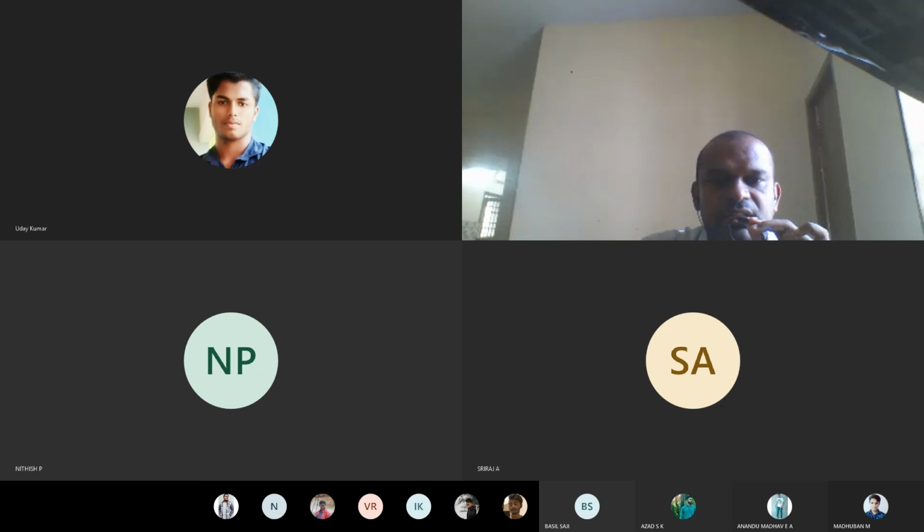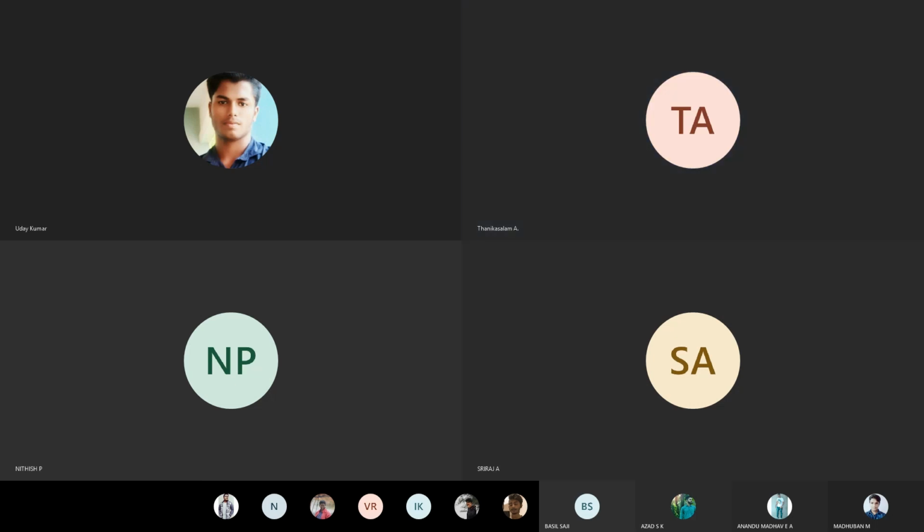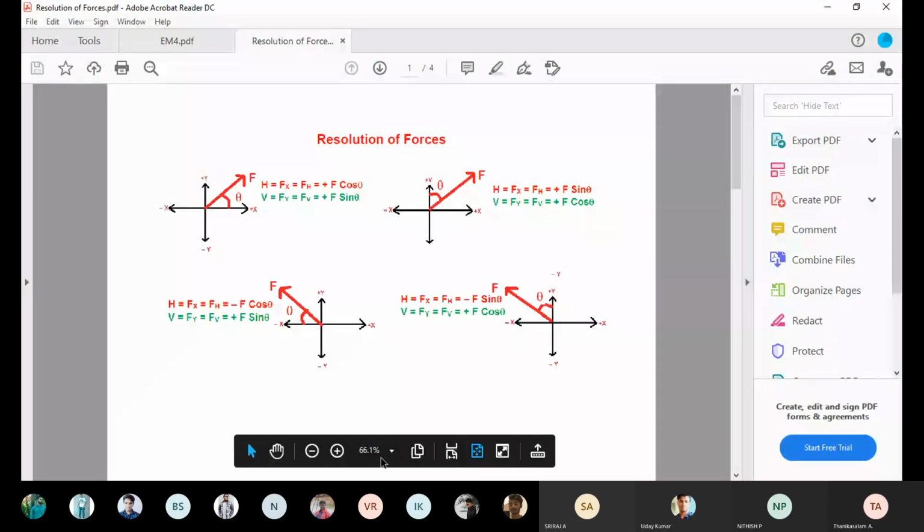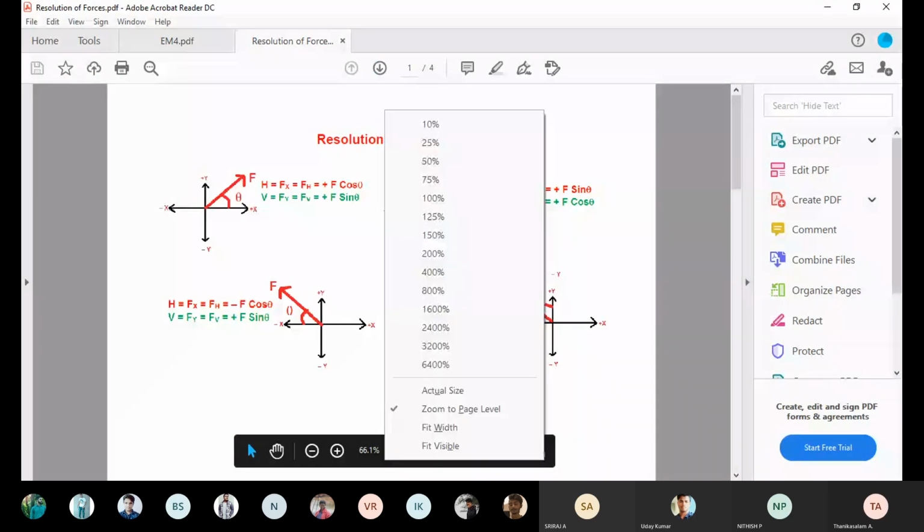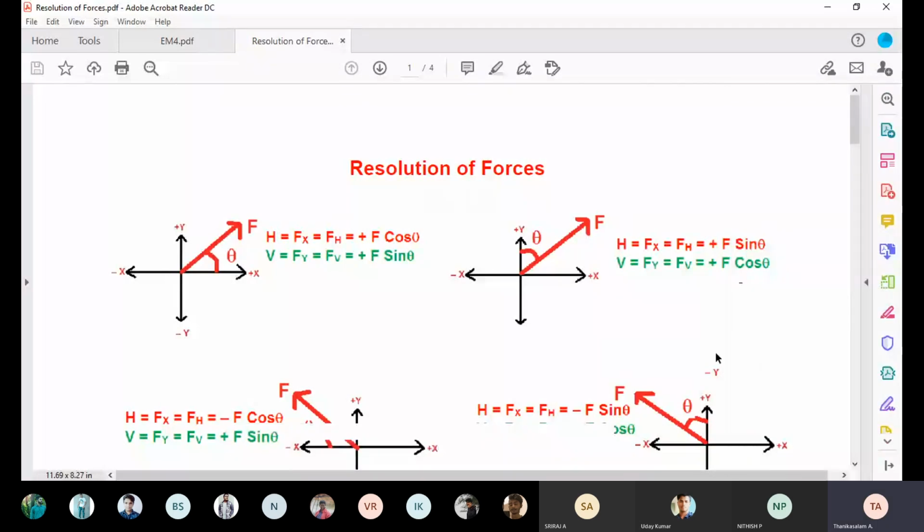Okay, I am sharing the last class resolution of force. Nitish, is it visible?